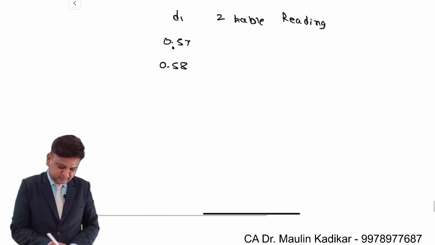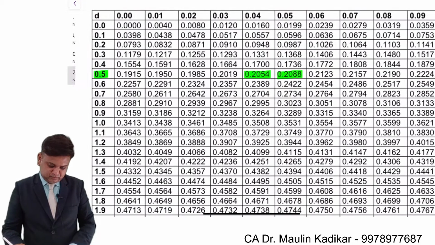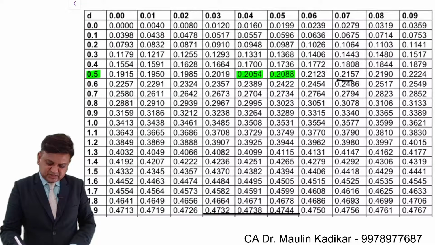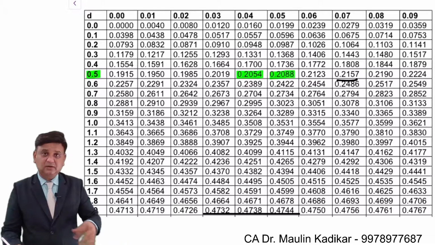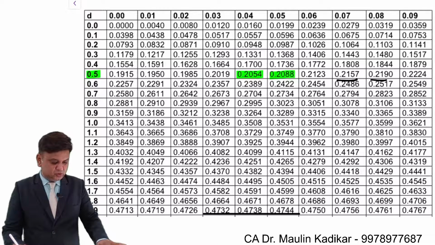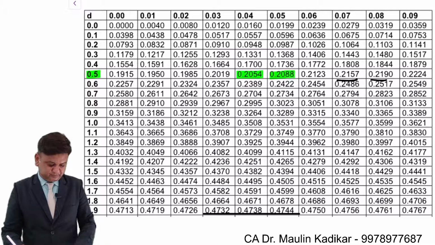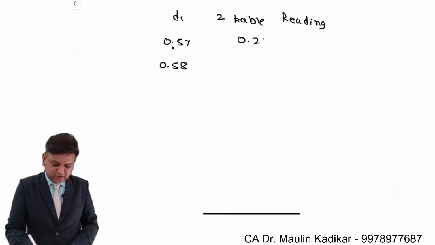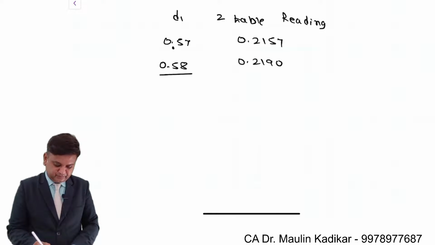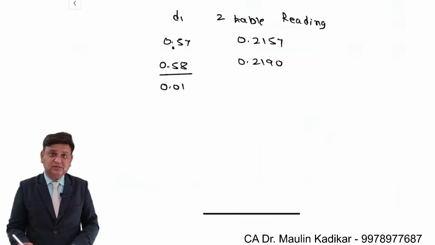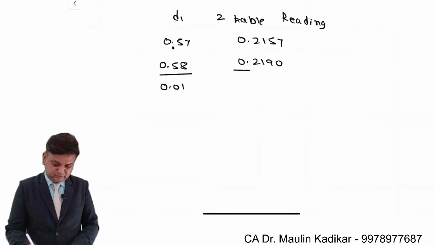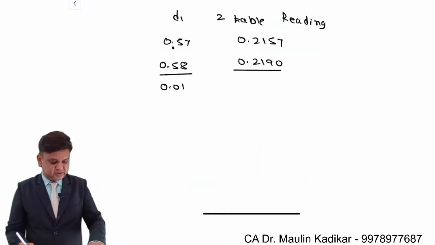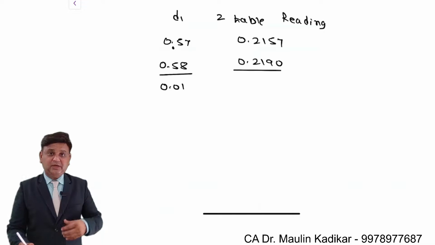So 0.57 is 2157 and 0.58 is 2190. So 0.2157 and 0.2190. The difference of these is 0.01 and the difference of these two is 0.0033.